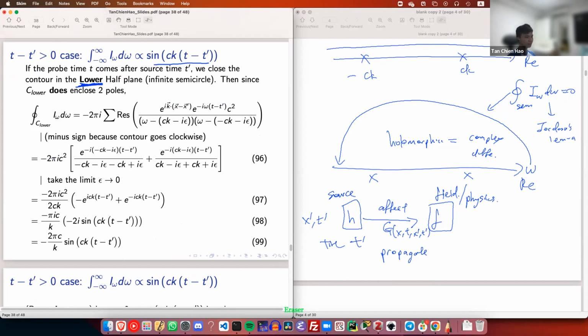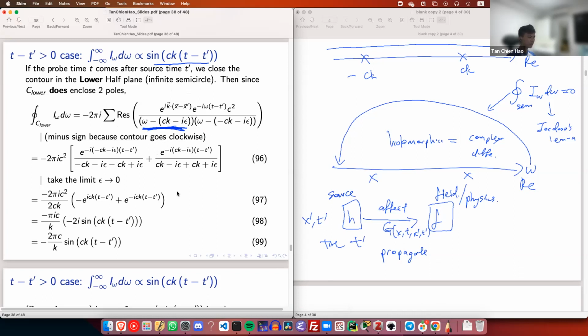By going via the lower half plane, the semicircle contour integral is still 0, but the entire contour integral now picks up the residues of this integrand. How do you find the residues at these points? We look at this first, and at what values of omega.